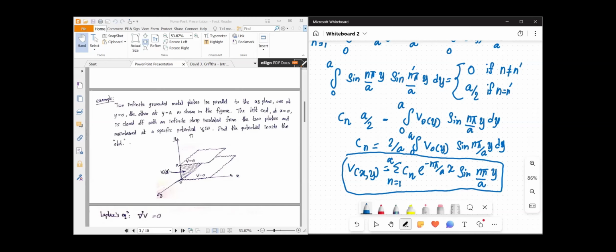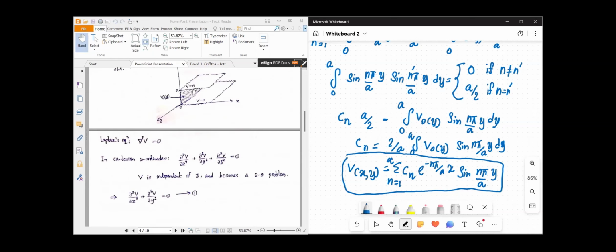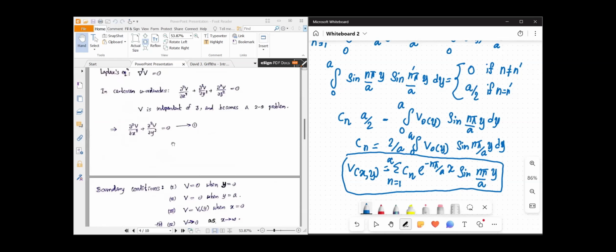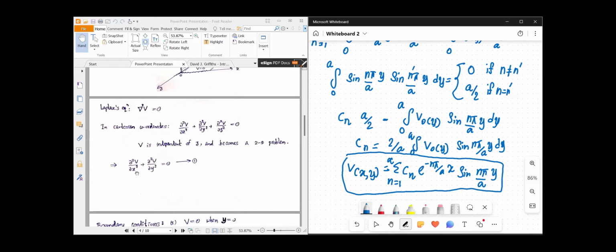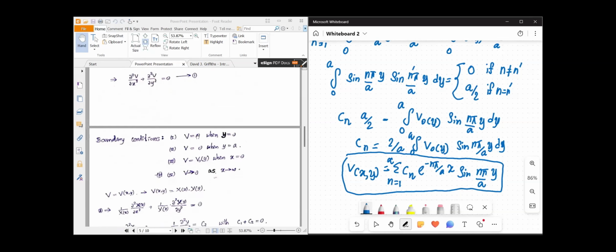We are asked to find the potential inside these two grounded metal plates. We started with the Laplace equation, and since the potential depends on x and y, it reduces to a 2D problem: ∂²V/∂x² plus ∂²V/∂y² is equal to 0. And we wrote the boundary conditions.